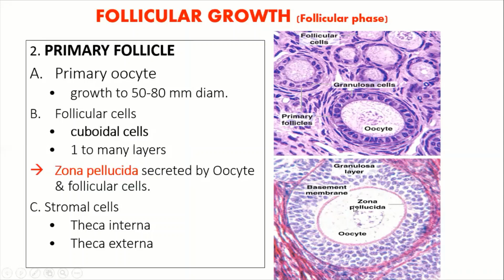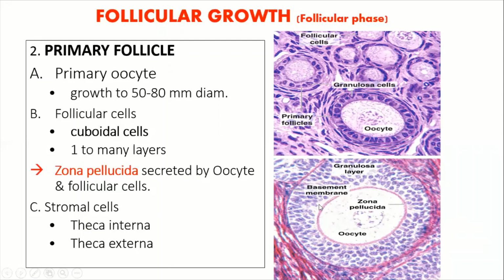This will be surrounded by the stromal cells, which arrange themselves in the form of theca interna and externa. The change in the stroma is the formation of theca interna and externa, which we'll discuss. The important thing here is that the oocyte has started secreting an eosinophilic material surrounding the oocyte, separating it from the granulosa cells.